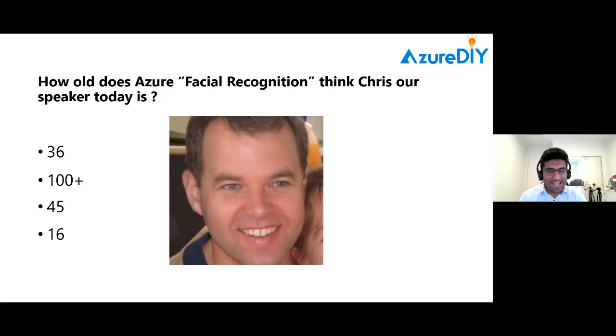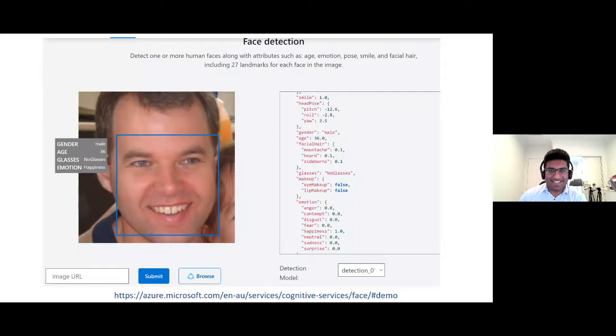Put your guesses in the Q&A section, and we'll see how closely you align. 10, 15 seconds. I'm not sure you're going to like the answer, Chris, but we got what we got. As long as it's not 100 plus. All righty, 5 more seconds. You got anything, Duncan? I put my vote in of 16. Okay, so the answer is 36.